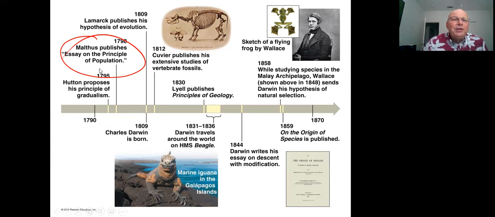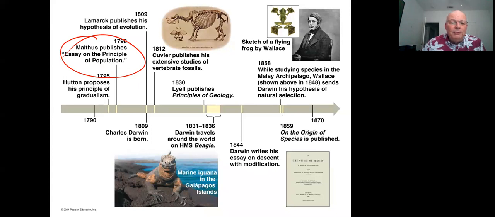And Malthus wrote this essay, an essay on the principle of population, trying to establish the principles that would limit population growth. Now, he was not talking about organisms in general. He was focusing as an economist on what would limit the growth of human populations. And what he recognized was that resources were going to be the single most significant limiting factor on human populations.